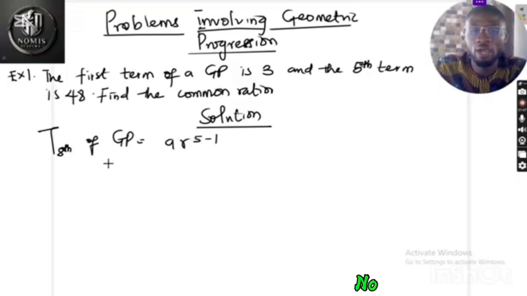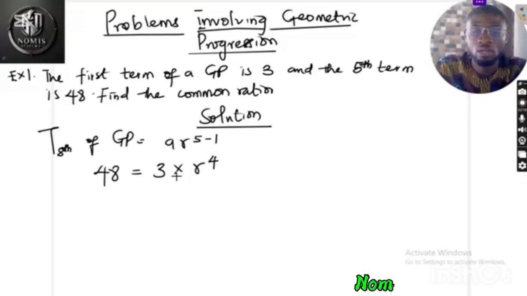And the fifth term has been given to be 48. So 48 is equal to A, which is the first term, and the first term has been given to be 3. So that will be 3 multiplied by the common ratio, which we are looking for. We don't know r. 5 minus 1 is 4, because we have the fifth term.